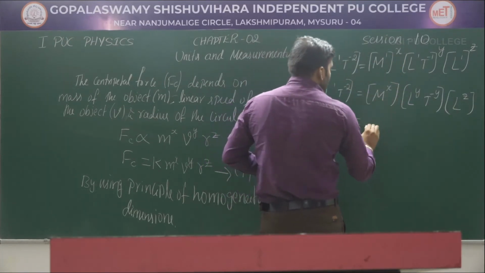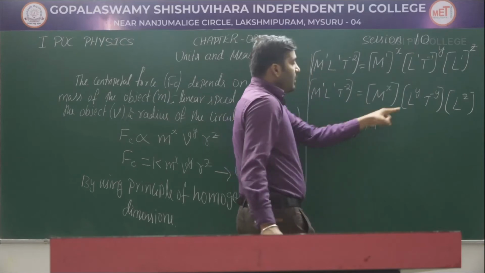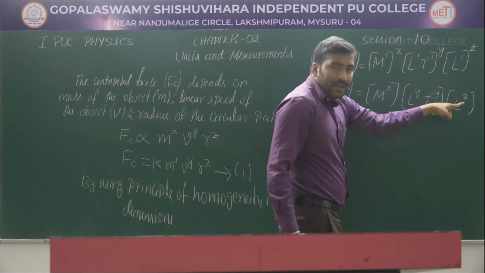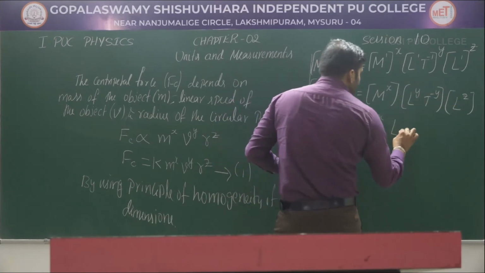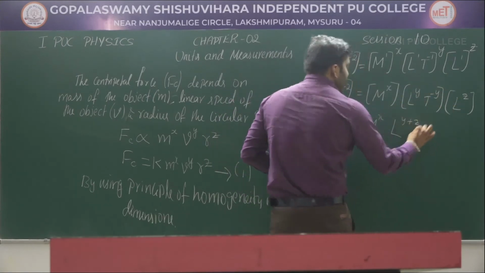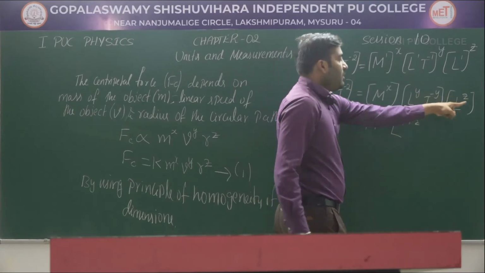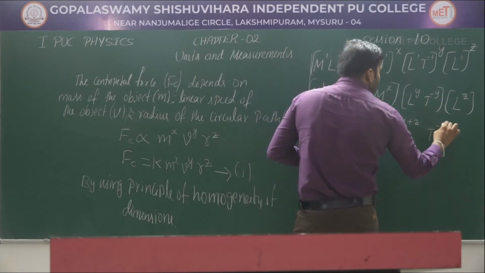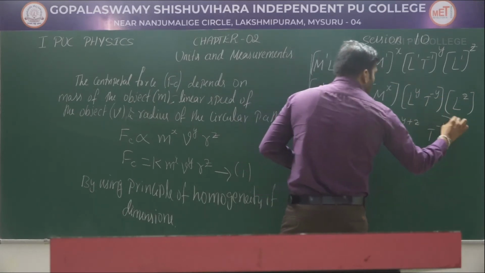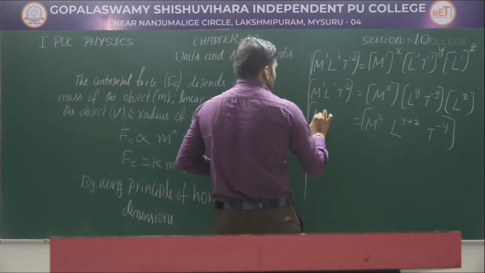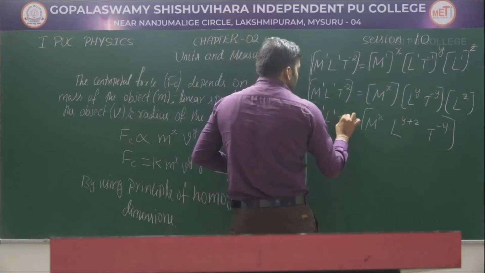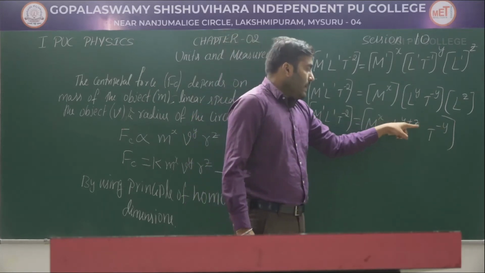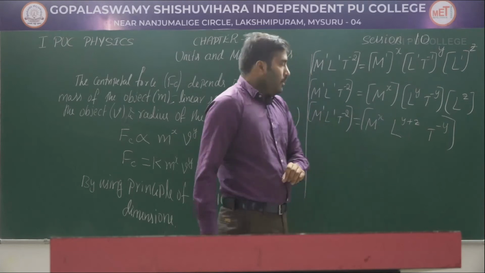So l power y, l power z gives l power y plus z, and t power is minus y. Now we got an expression like this: m power 1, l power 1, t power minus 2, which is equal to m power x, l power y plus z, and t power minus y.